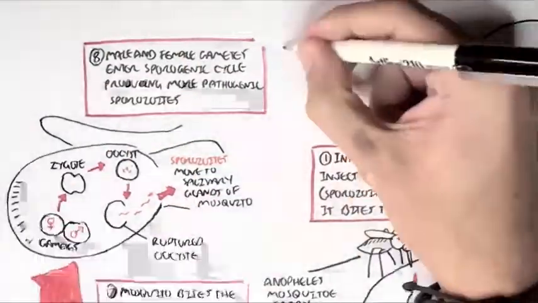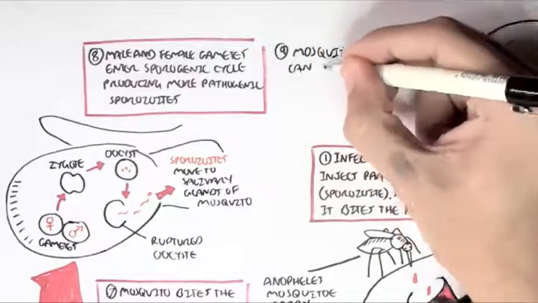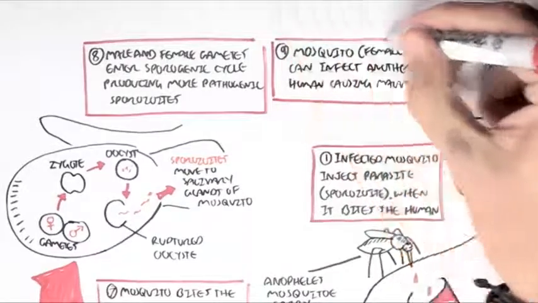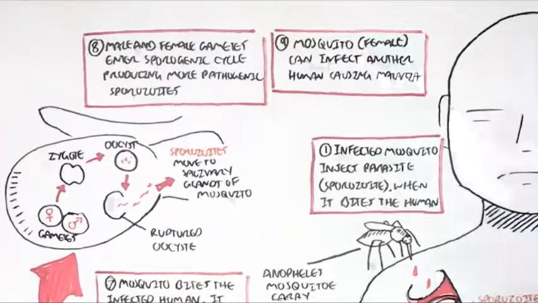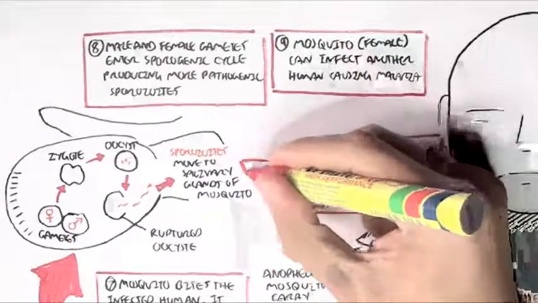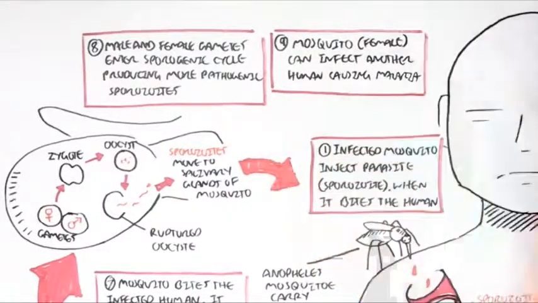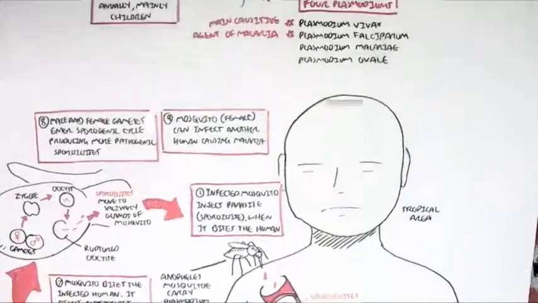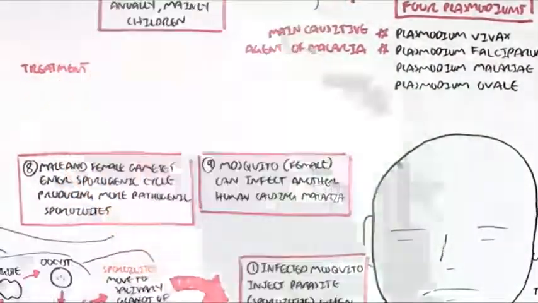The mosquito, in this case a female, can then bite another human and infect it, causing malaria. And this cycle will continue. The infected Anopheles mosquito can then inject the parasite sporozoite into another human being, causing malaria.